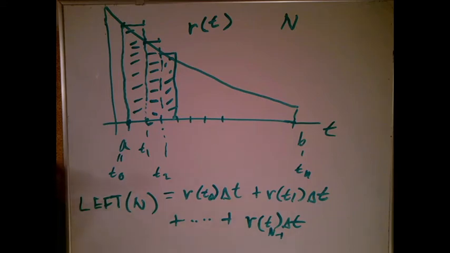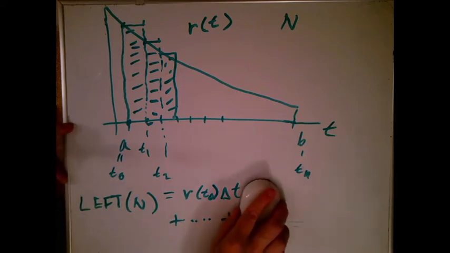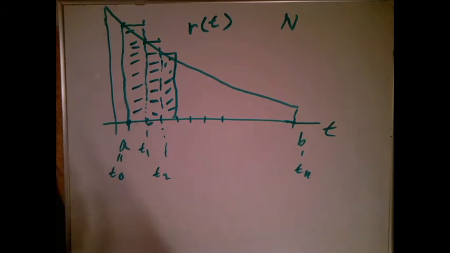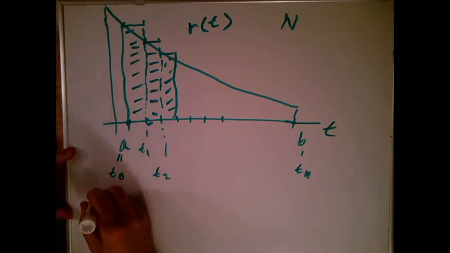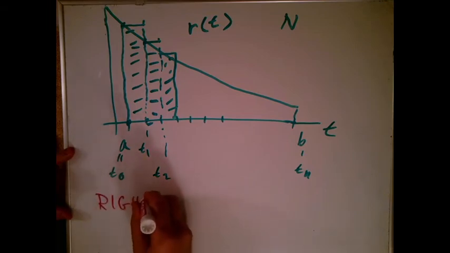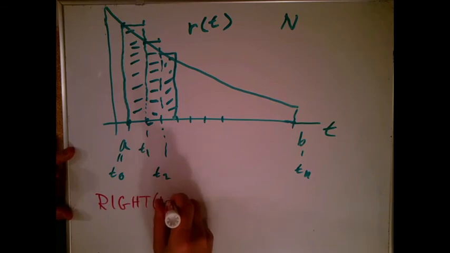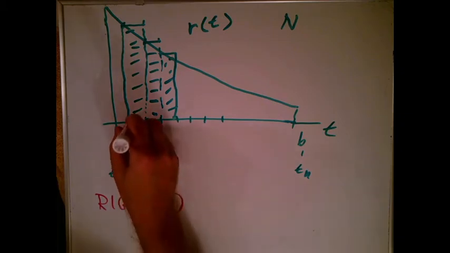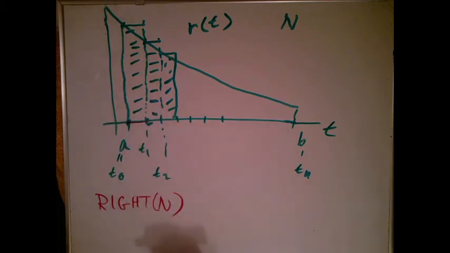The right Riemann sum isn't much different. I don't want to do too much erasing here. I'll try to use different colors if I want to do the right Riemann sum. I'm hoping pink shows up. Now, how does this vary? If I want to do the right Riemann sum, I go to the first interval, but instead of using the left endpoint, I use the right endpoint.